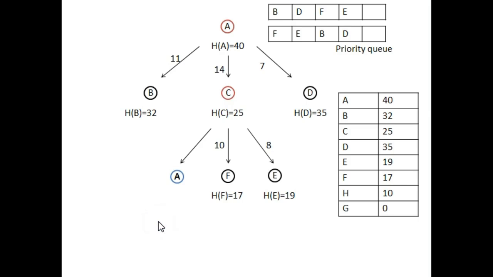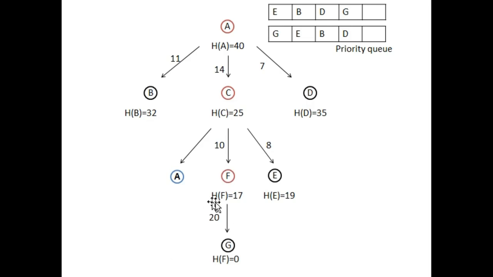Then I will visit the node F. Just look at this, I mark the red color over here to represent that I have visited this node, and I have checked whether this is the goal or not. F is directly connected to the G node, so I put the G over here.